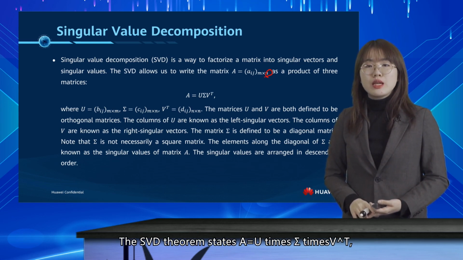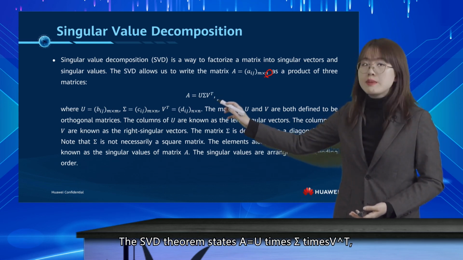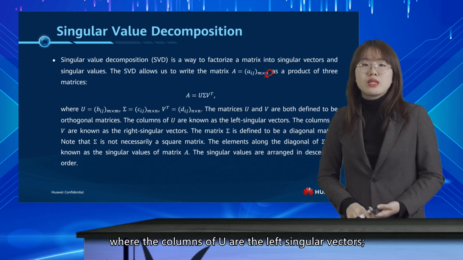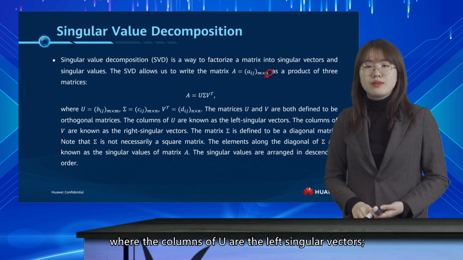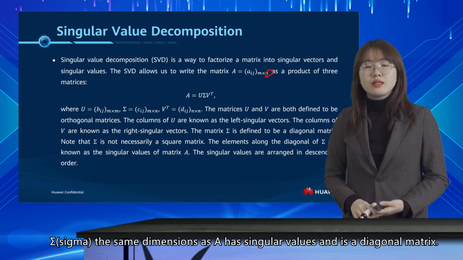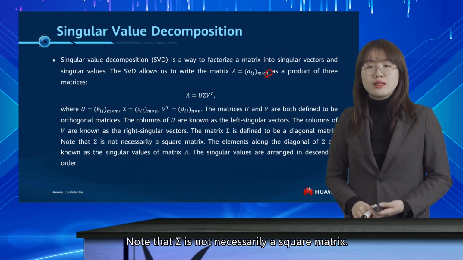The SVD theorem states A equals U times sigma times V transpose, where the columns of U are the left singular vectors. Sigma, the same dimensions as A, has singular values and is a diagonal matrix. Note that sigma is not necessarily a square matrix.